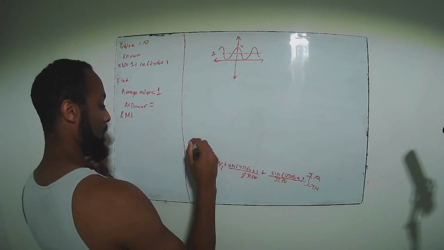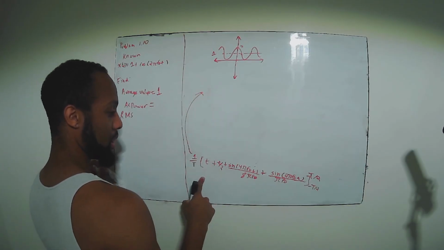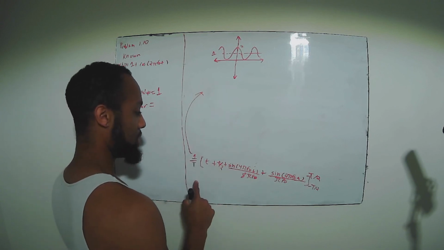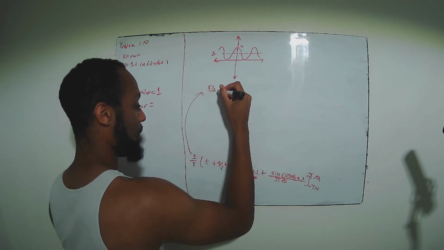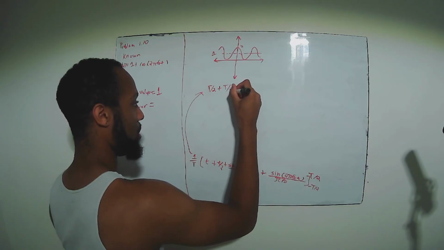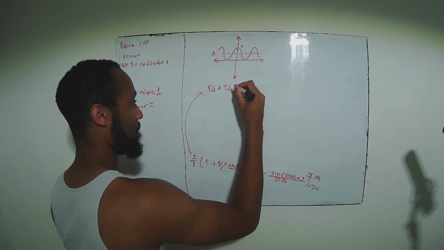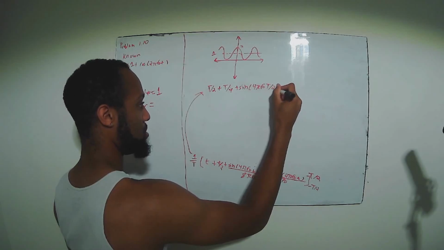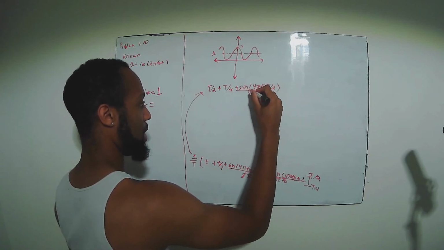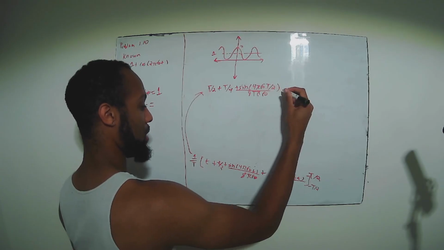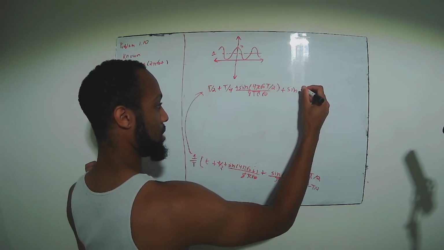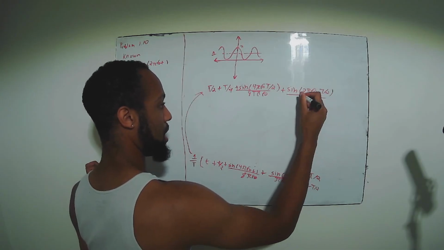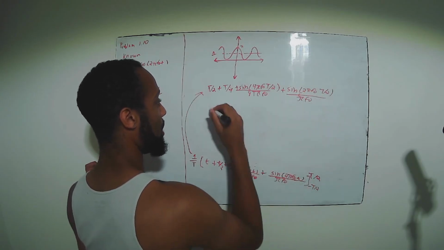So let's start solving this part right here. We'll leave 1 over T down here. We know this 1 over T is here, so we're going to get T over 2 plus T over 4 plus sine of 4 pi f naught T over 2 divided by 8 pi f naught, and then plus sine of 2 pi f naught T over 2 divided by pi f naught, and then minus.